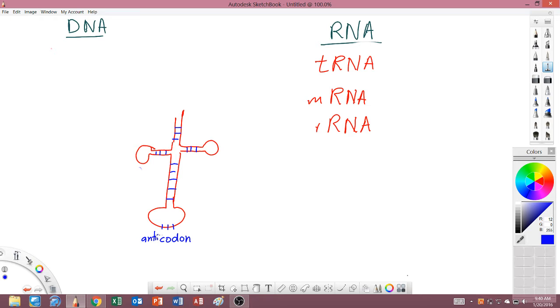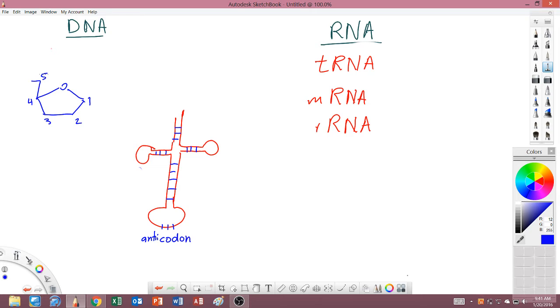Okay, good. Now, this tRNA has the 3' end and the 5' end. Do you remember when you talk about a nucleotide, the carbons were 1, 2, 3, 4, 5.